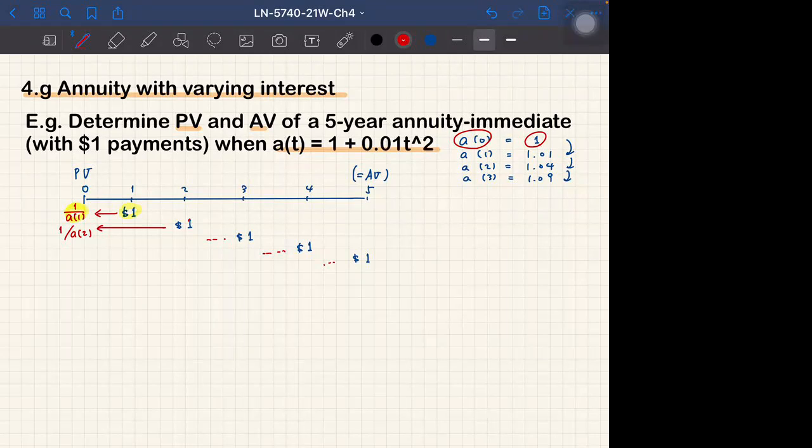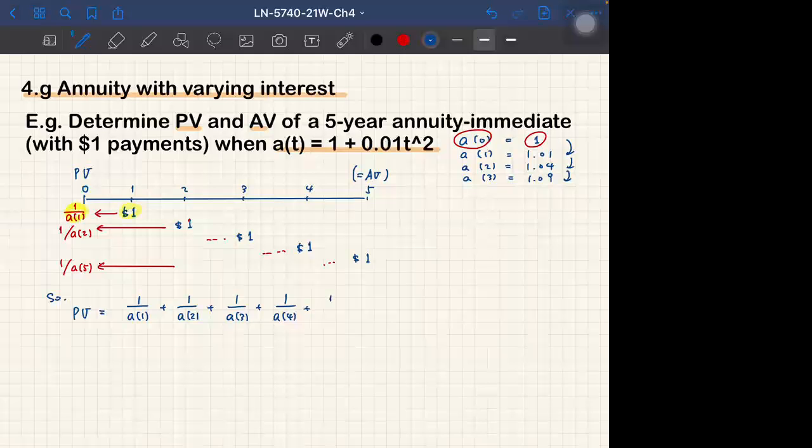So the final one is equal to 1 over A(5). So that means the present value is equal to 1 over A(1) plus 1 over A(2) plus 1 over A(3) plus 1 over A(4) plus 1 over A(5).